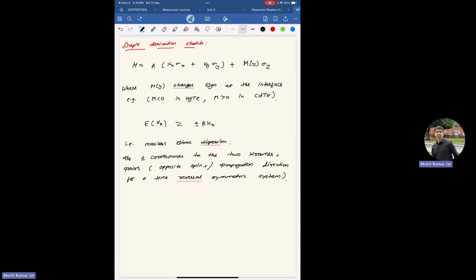And the physical consequence of it is that those interface modes are helical, with spin tied to propagation direction, and are robust as long as the time reversal symmetry is preserved. This is the physical consequence.